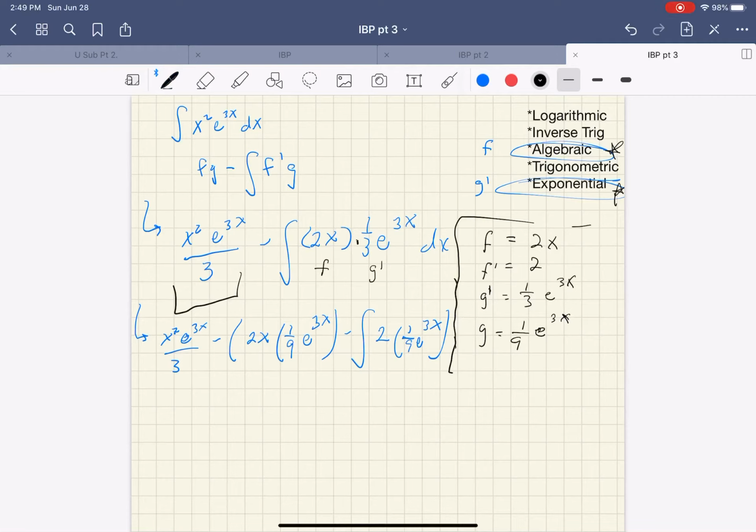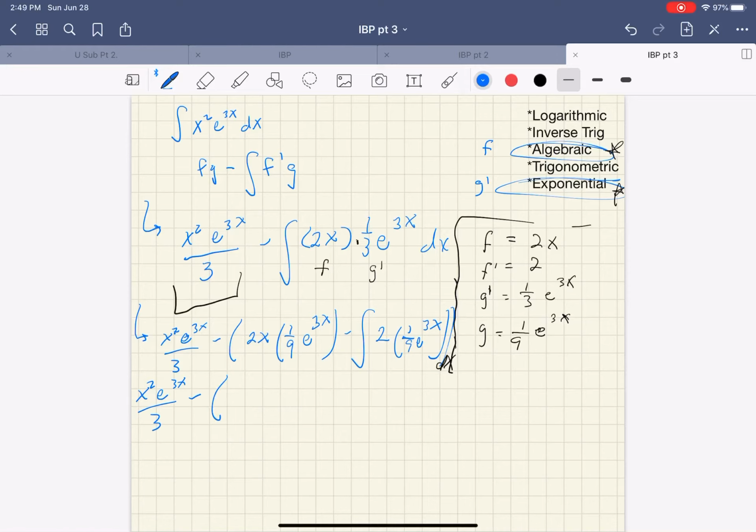And I know this may seem a little confusing, but essentially what we're doing is kind of expanding the integral out and reapplying the same formula. There should be a dx right there. Sorry about that. And now, let's bring everything down. E to the 3x over 3 minus... And do you see how I keep everything in parentheses over here?